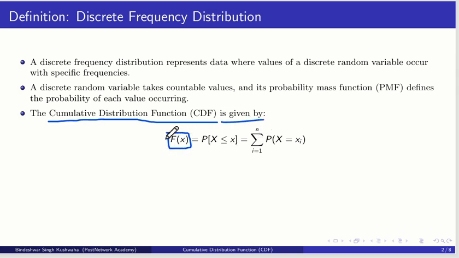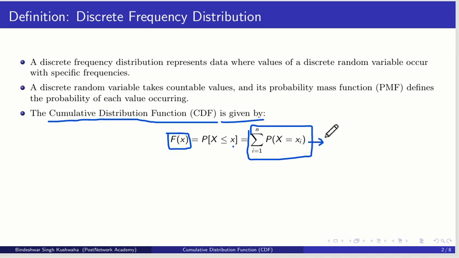The cumulative distribution function is given by F(x), where the probability is accumulated till x, and using summation you can write it as the sum from i equal to 1 till x_i.